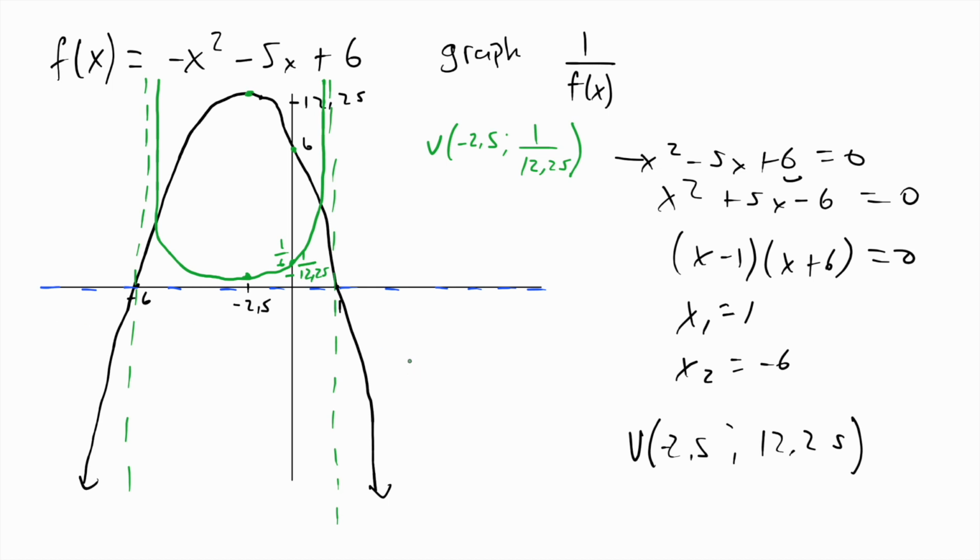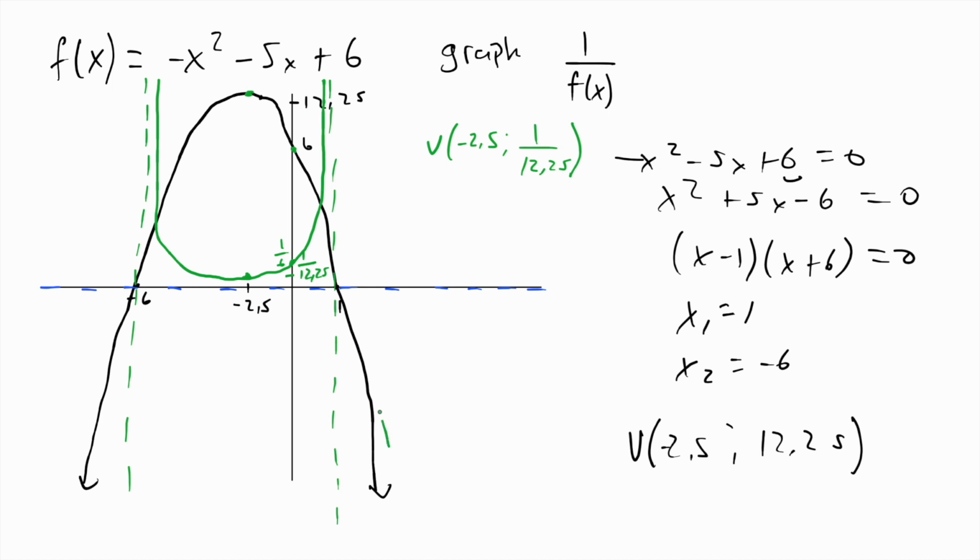We said in the previous example that as our f of x approaches 0, our 1 over f of x will approach positive or negative infinity. In this case, it is going to approach negative infinity because our f of x is in the negative direction. It is concave down. So when this left and right section is in the negative direction, 1 over f of x is also always going to be in the negative direction.